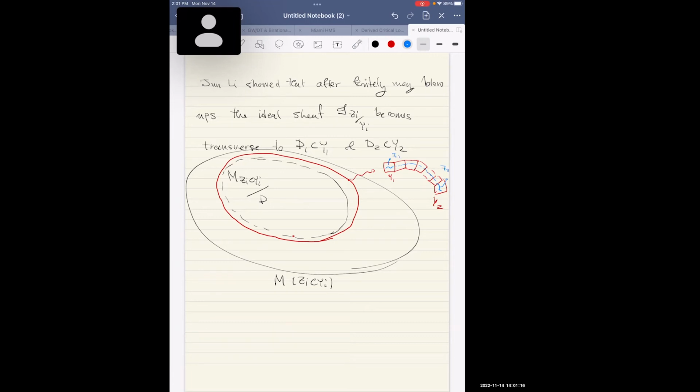So this is what you pick as the point on the boundary of the compactification. Okay. All right. Is this clear? Perfectly clear.